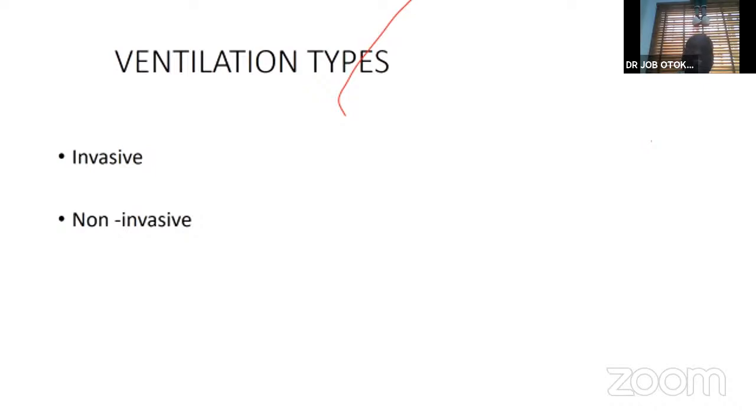Non-invasive means you're using interfaces. An interface could be your face mask, your nasal mask, or a hood. If you use any of these interfaces without breaching the body cavity by tracheal intubation or tracheostomy, that defines non-invasive ventilation. So you can be doing mechanical ventilation without intubating the patient, using non-invasive ventilation.